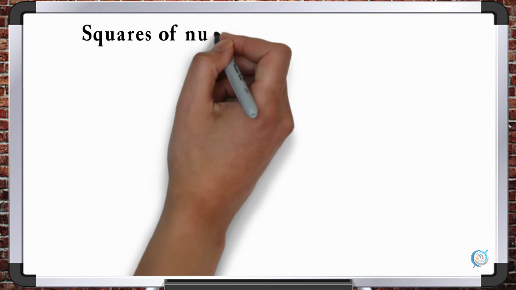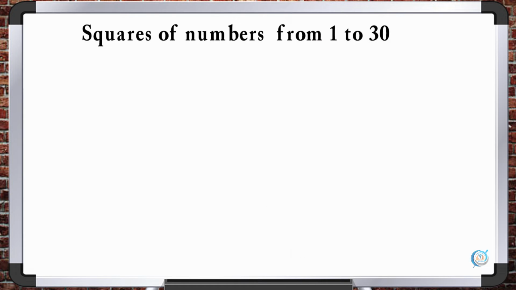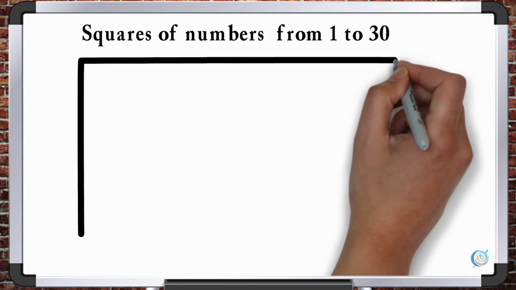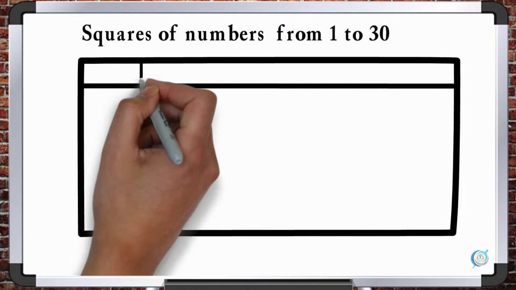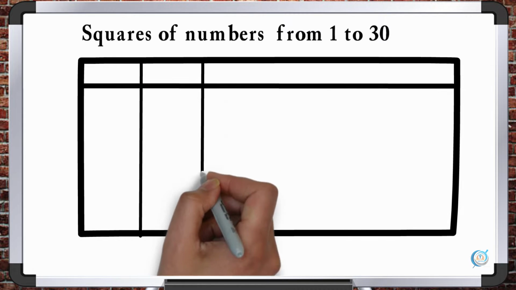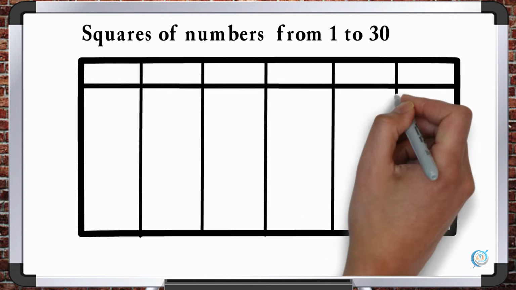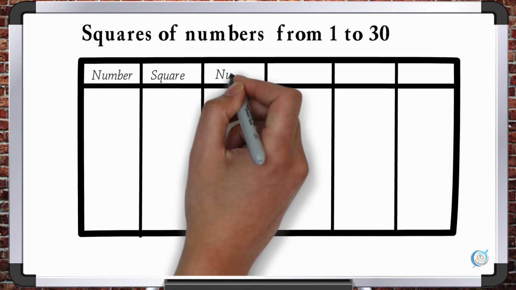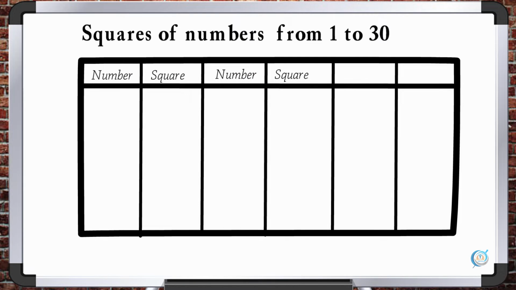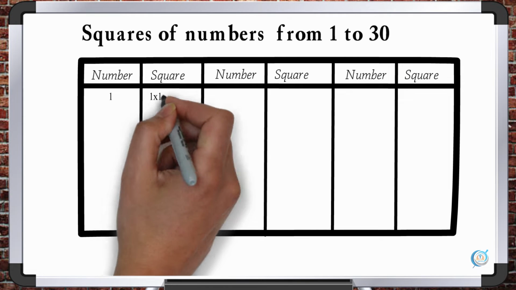Now let us find out the squares of numbers from 1 to 30. Square of 1 will be 1 into 1, 1.